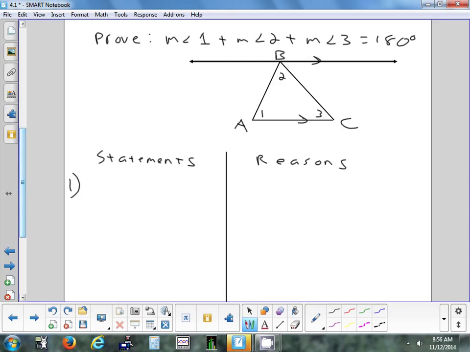This time the very first thing that I did, it's not a given. That line wasn't given. I constructed it. That was called the parallel postulate. So my statement is going to be, we need another point to name it. Let's just call that BD. So draw in line BD, so it's parallel to AC.